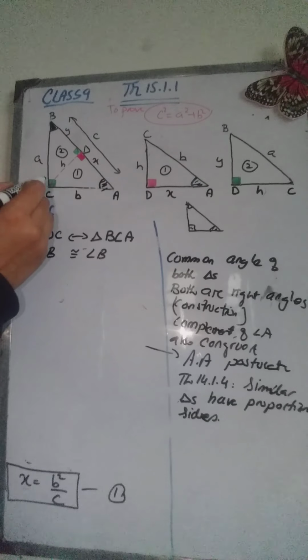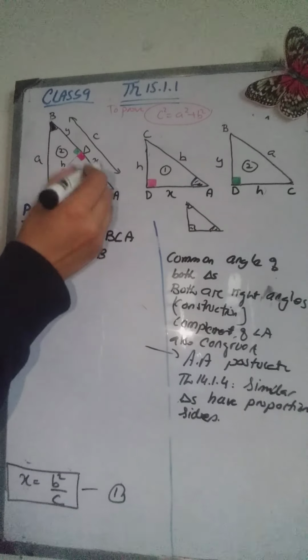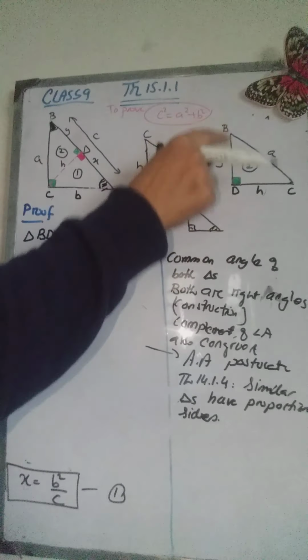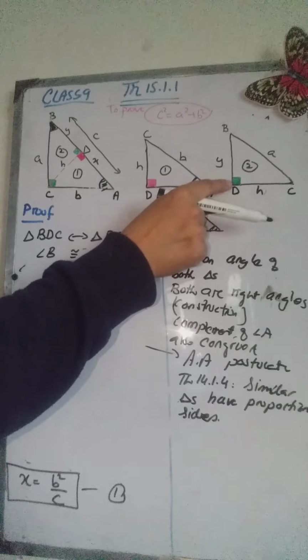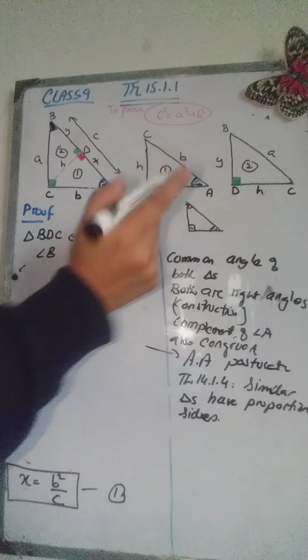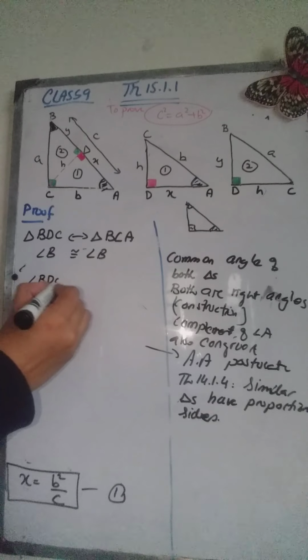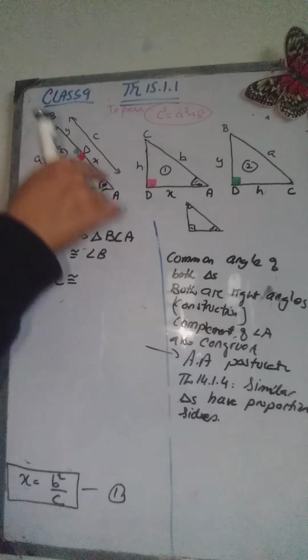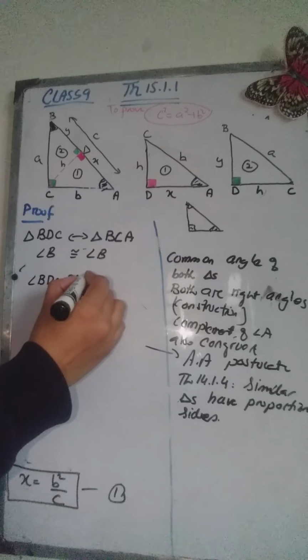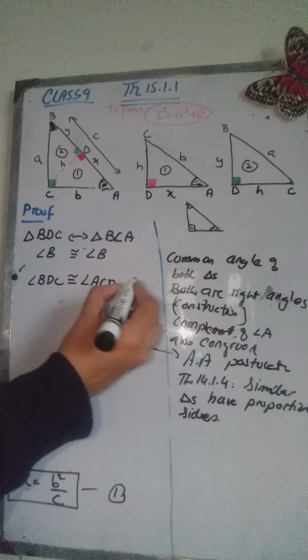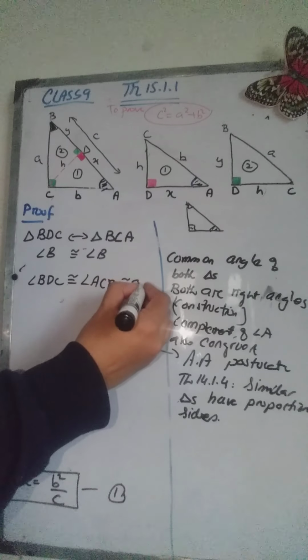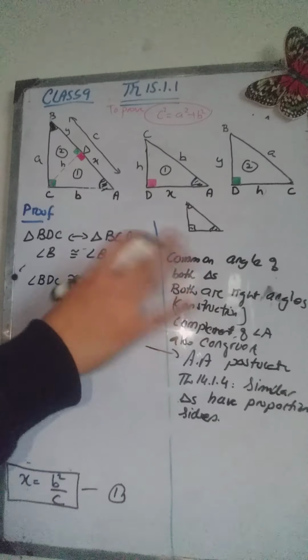And in this triangle BDC, the right angle lies at the point D. So angle BDC will be congruent to angle ACB of this triangle, because both are equal to 90 degrees. The reasons are the same as before.